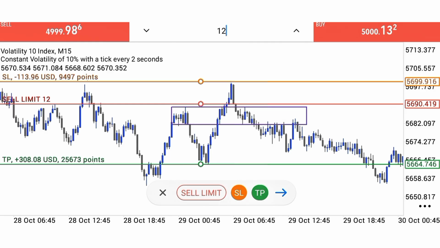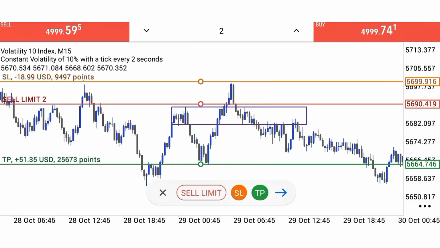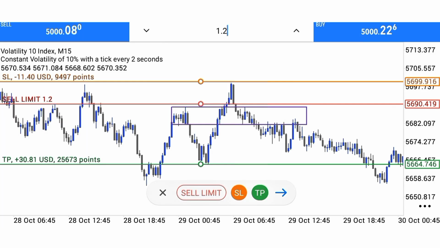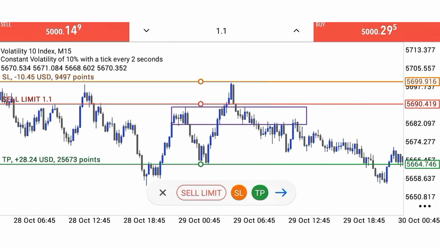Let's go with something like 2. 2 is too much. Let's say 1.2. That's too much again. 1.1. Too much. So let's stick with 1. If I risk $10 for this trade, I'm going to be making $25.67.